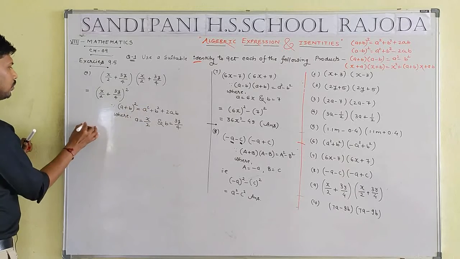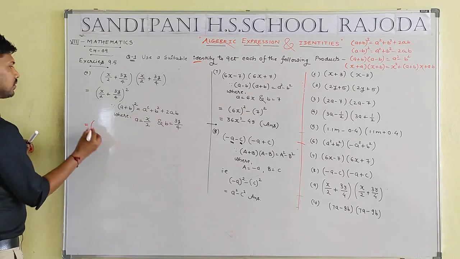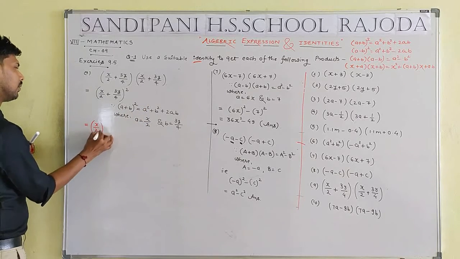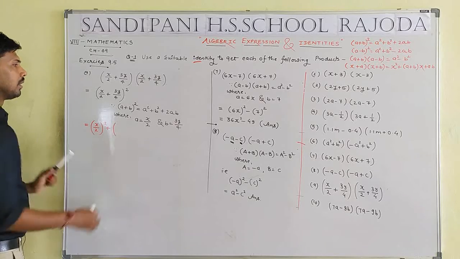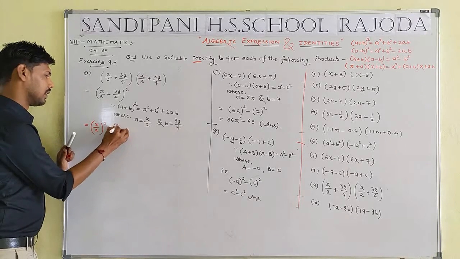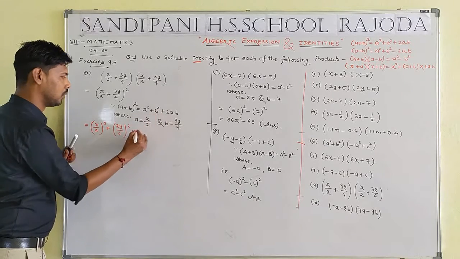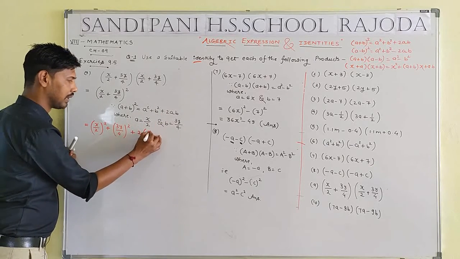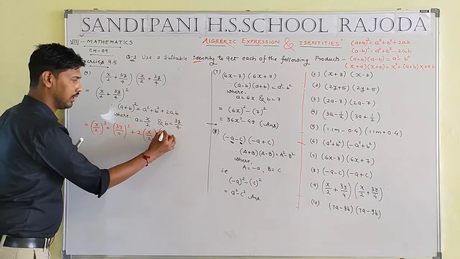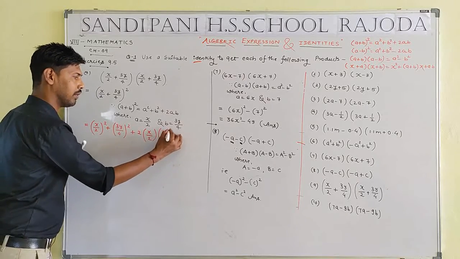So by use of the identity we can write a square, that means (x by 2) whole square, plus b square, that means (3y by 4) whole square, plus 2, with a replaced by x by 2 and b replaced by 3y by 4.